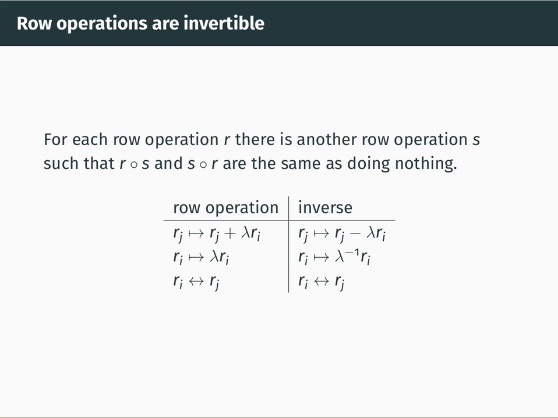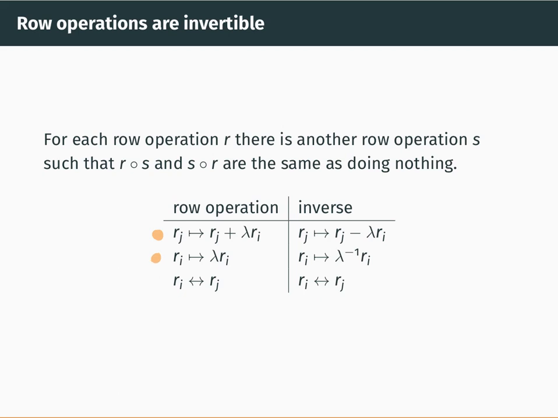For example, the row operation which sends row j to row j plus lambda times Ri has inverse the row operation which sends Rj to Rj minus lambda times Ri. If you think about the meaning of those row operations, you can convince yourself very easily that doing them in either order is the same as doing nothing to your matrix.